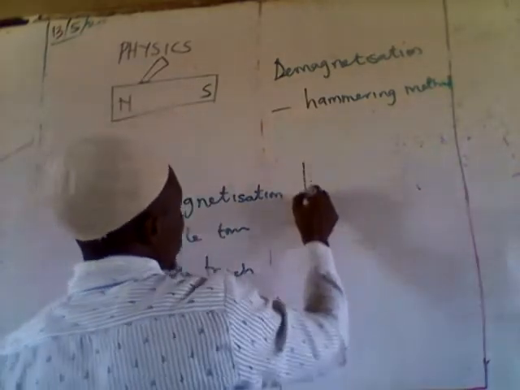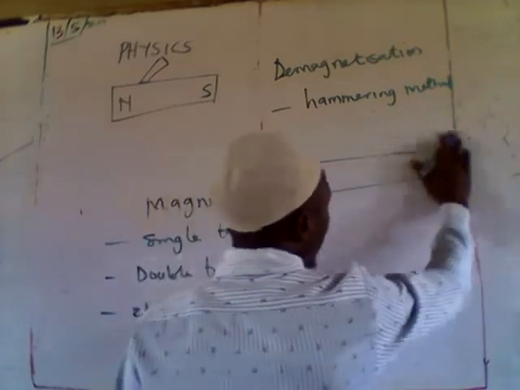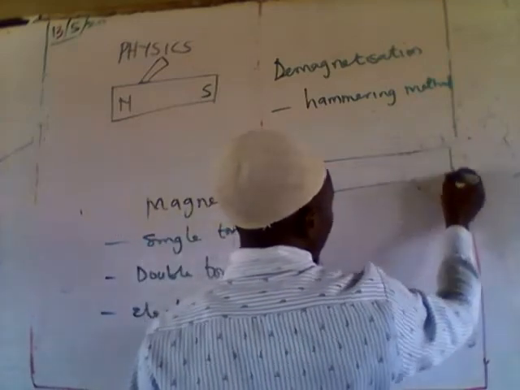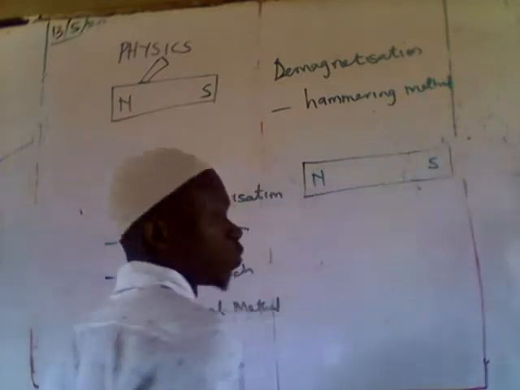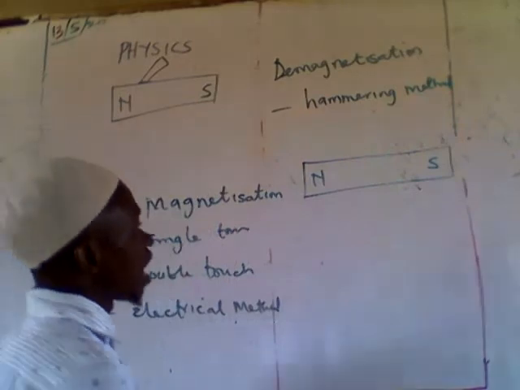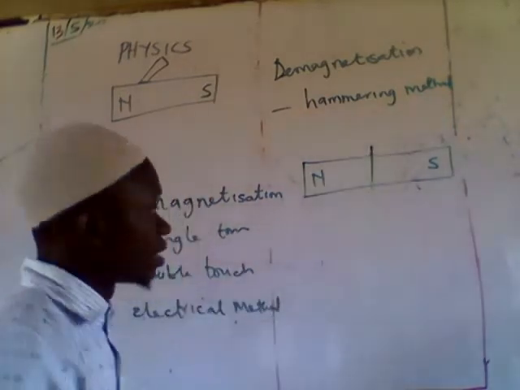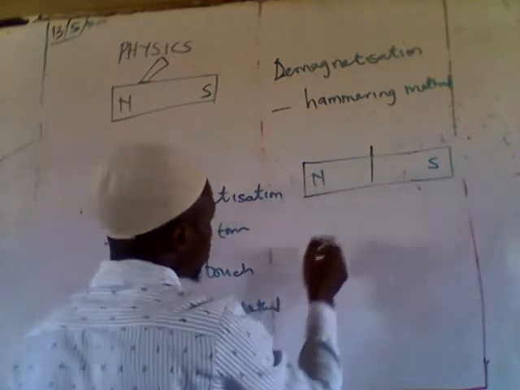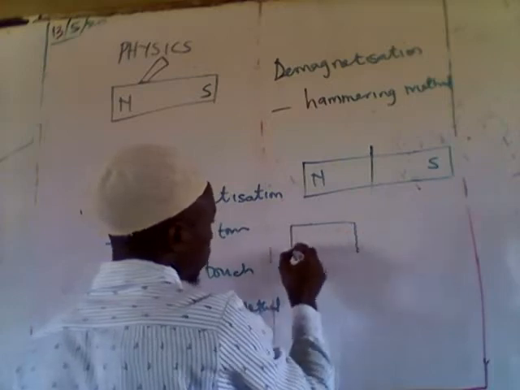For example, you have a bar magnet now. This is our bar magnet, very long. This is our north pole and this is our south pole. If you hammer the magnet at this region, you see that it will cut into two, right? So this is the region it has broken.